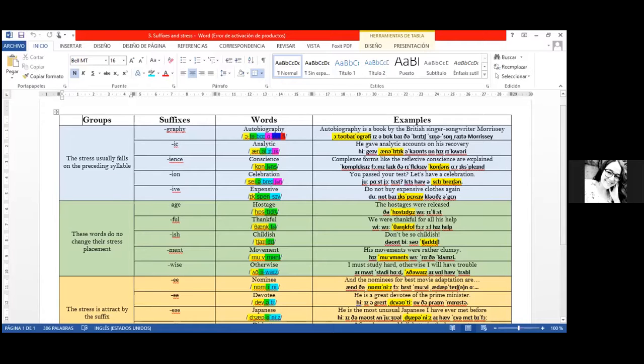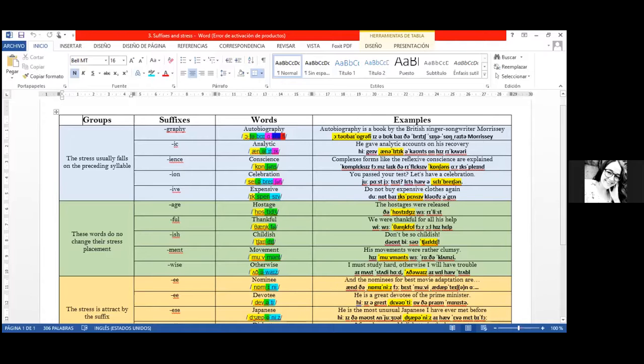Then for ik, analytic: He gave analytic accounts on his recovery. Then we have conscience: Complexes forms like the reflexive conscience are explained. Then we have celebration: You pass your test, let's have a celebration. And then I have expensive: Do not buy expensive clothes again.